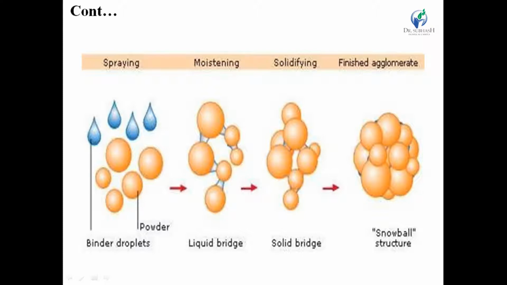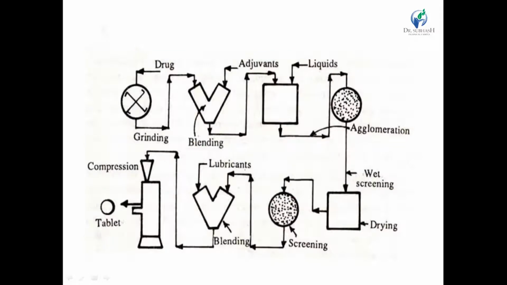In the next step, a solid bridge is formed between the powder particles. And finally, the finished agglomerates are formed. These are the steps of the wet granulation technique.